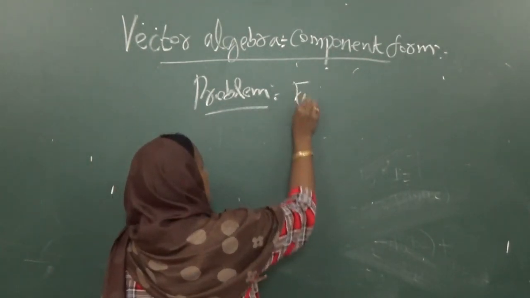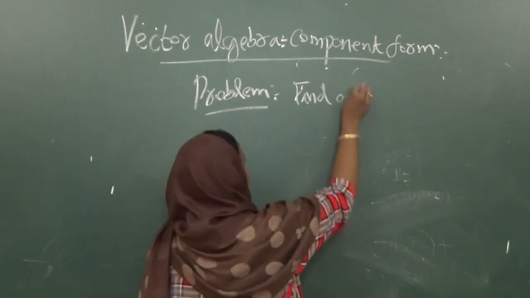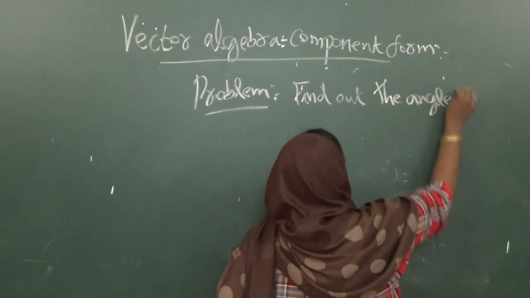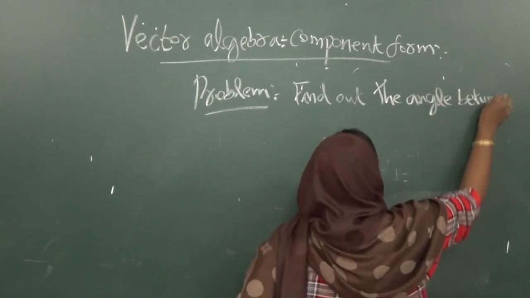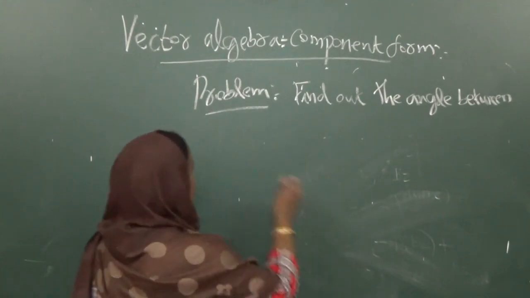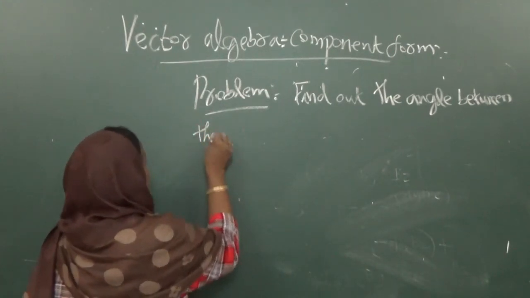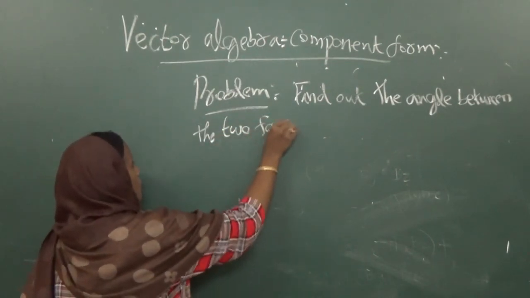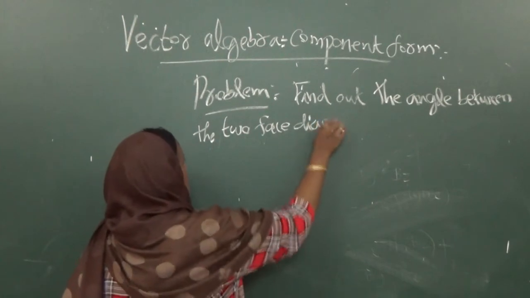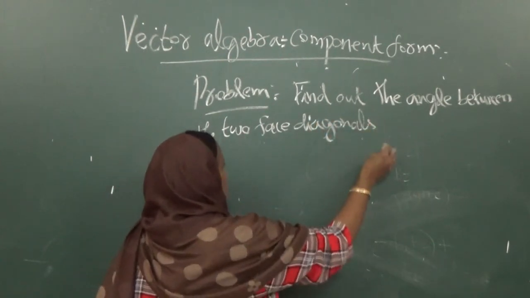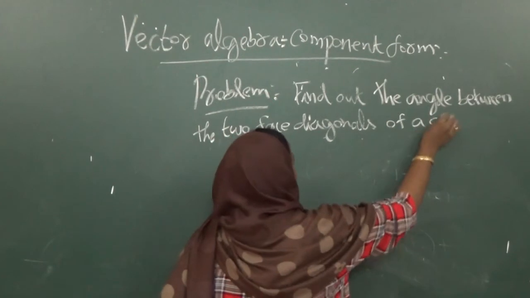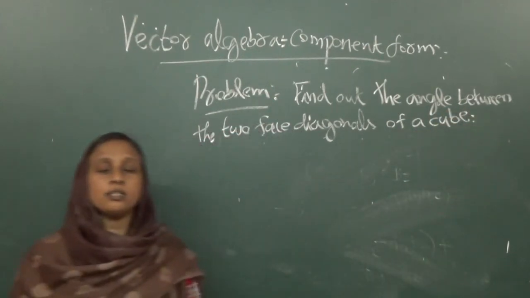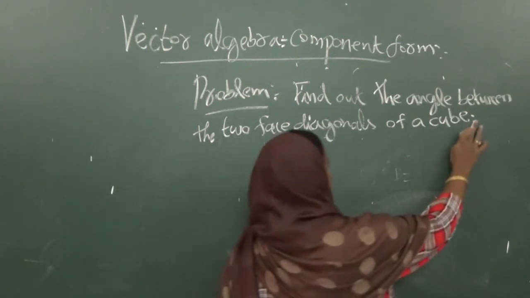Question: find out the angle between the two face diagonals of a cube. Find the angle between the two face diagonals of a cube.